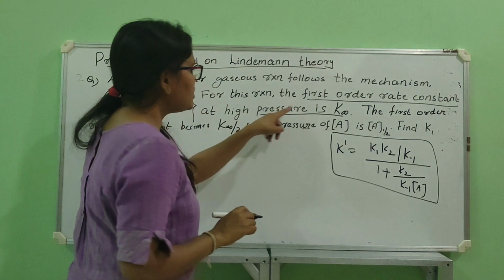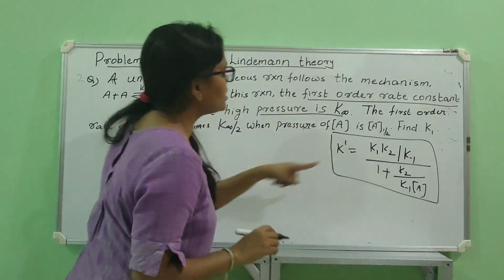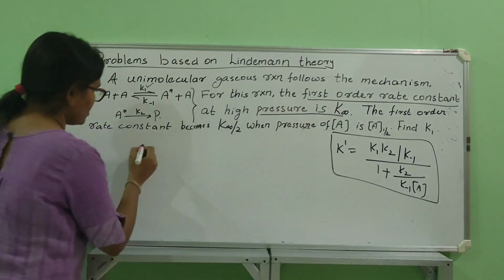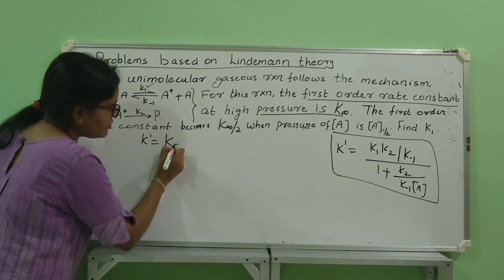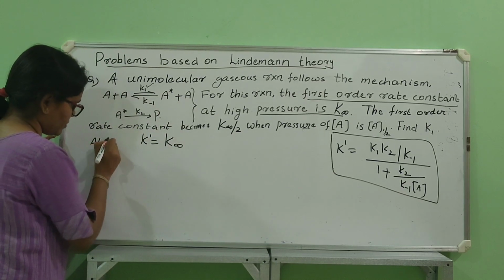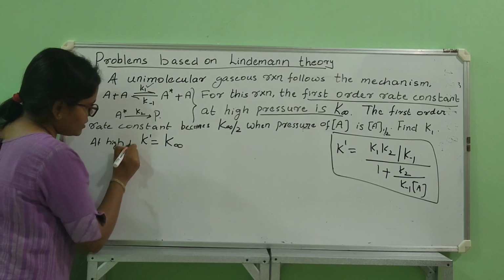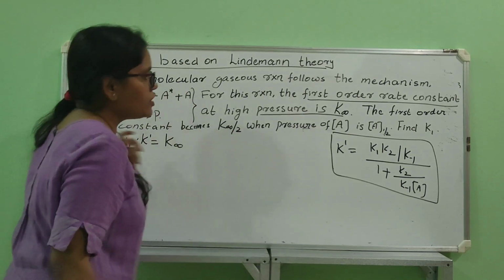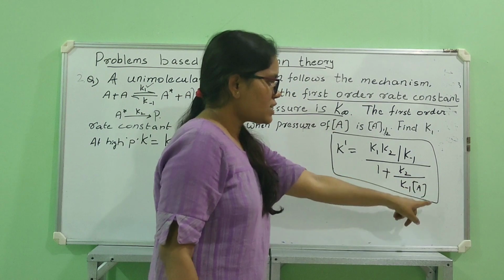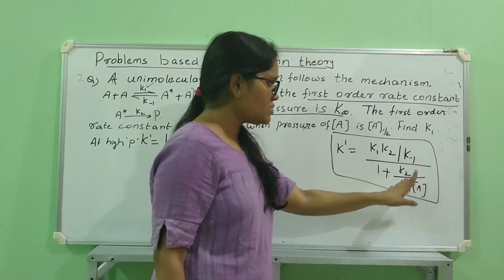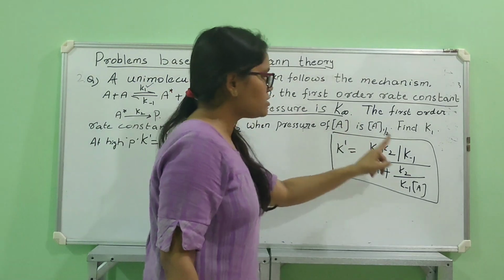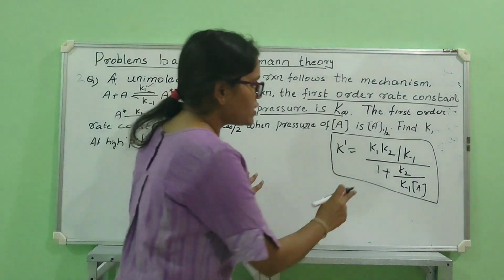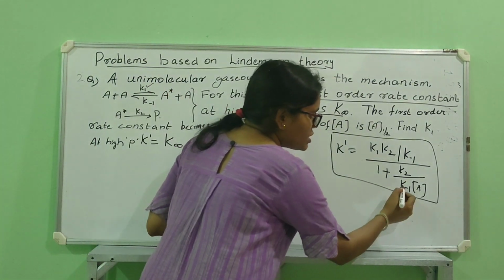What did they say? At high pressure, the first order rate constant is K infinity. So K dash is K infinity at high pressure. We know that pressure is analogous to concentration for gases. So at high pressure means at high concentration. So at high concentration what happens?